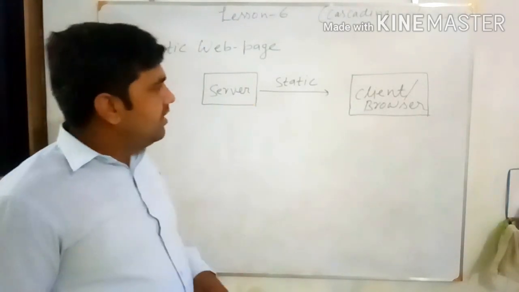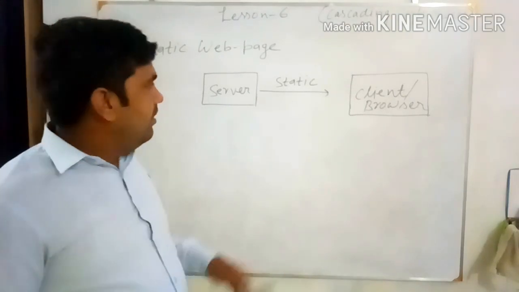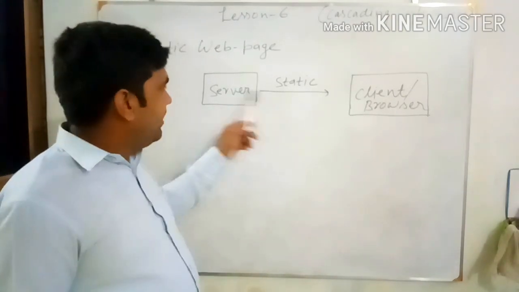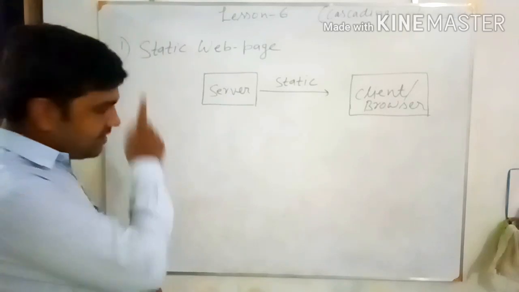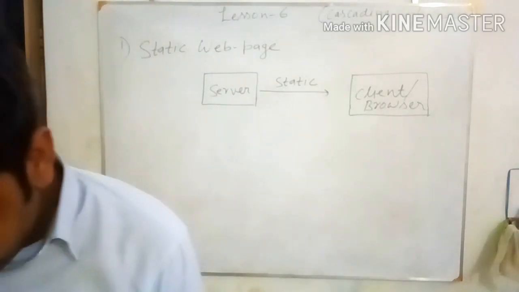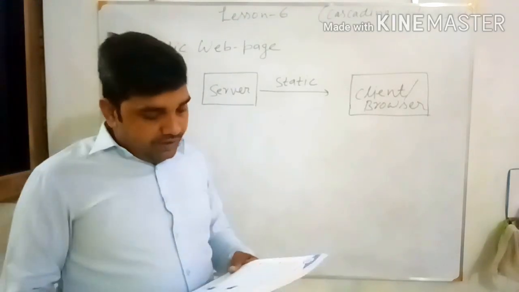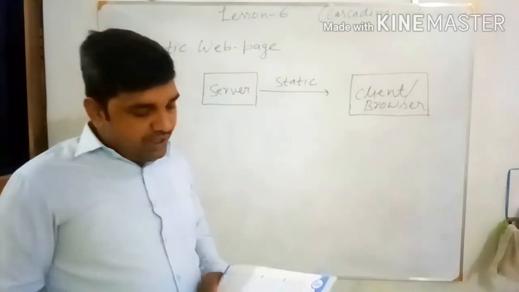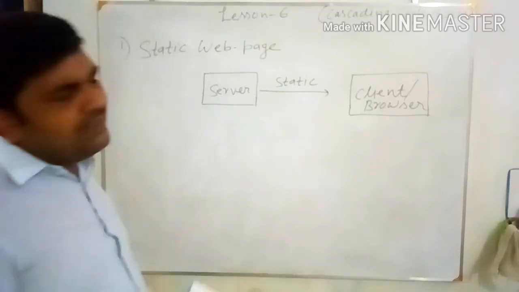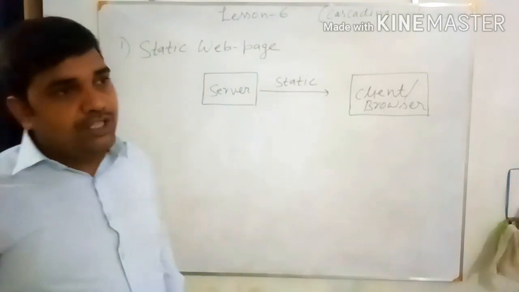Now the browser will create the web page with the help of that code given by the server. That is a static web page. Now, a user can only read the information but cannot make any modification or interact with the data. Yes, whatever the content of the web page is, you can only read it.